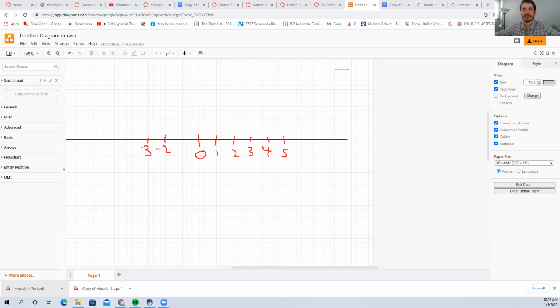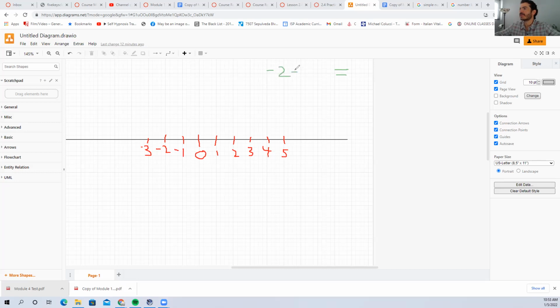Oops, sorry guys. Just bear with me while I fix my annotation tool here. I know you can't see what I'm doing. Oh, good grief, Charlie Brown. Here we go. Boom, negative 1.